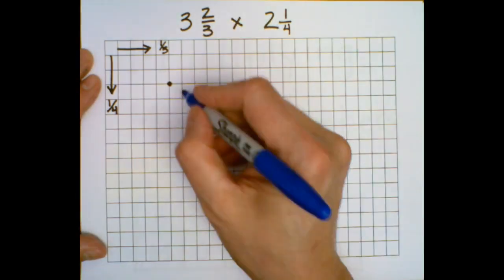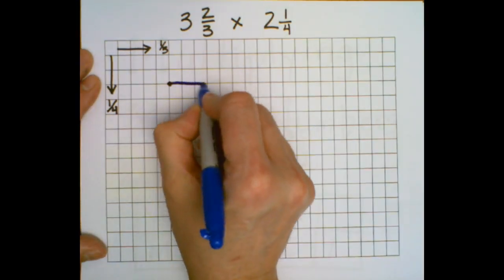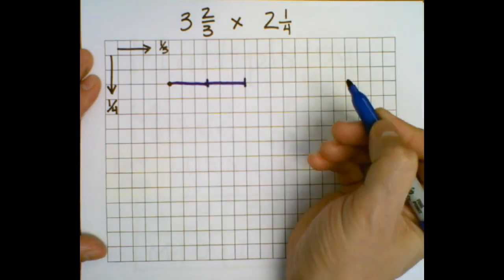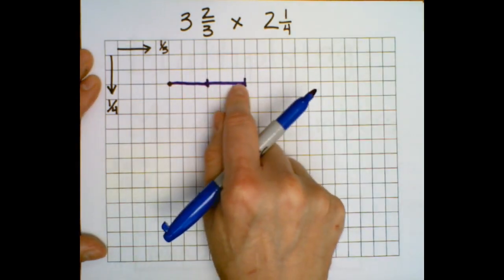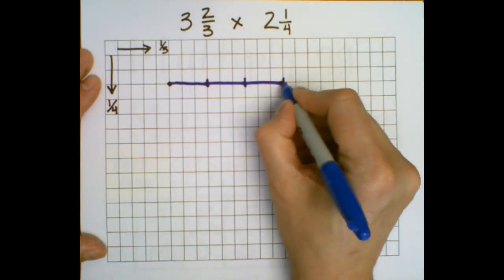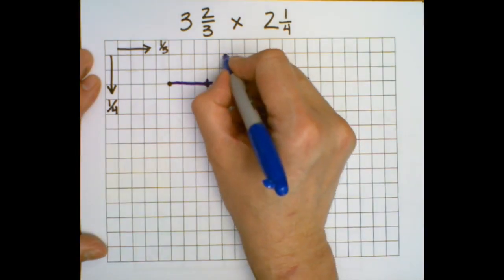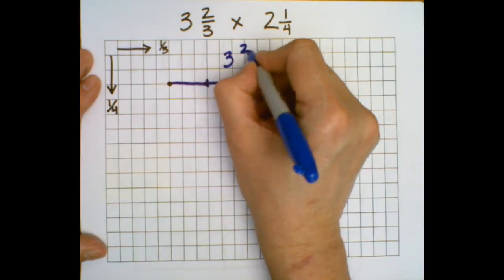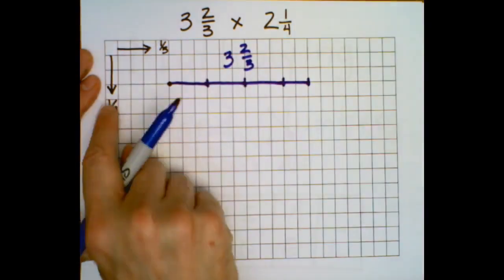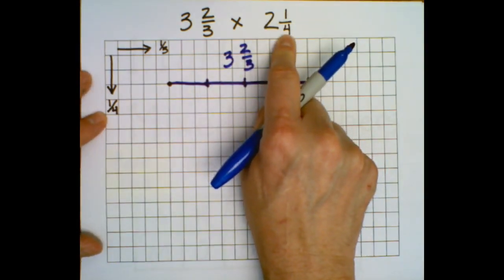So if I want to represent 3 2/3, I go 3 spaces to represent 1, 3 more to represent 2, because 3/3 is 1, 6/3 is 2, 9/3 is 3, and I need to go 2/3 beyond that. So this top line represents 3 2/3.